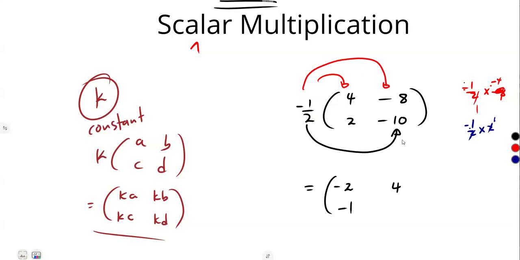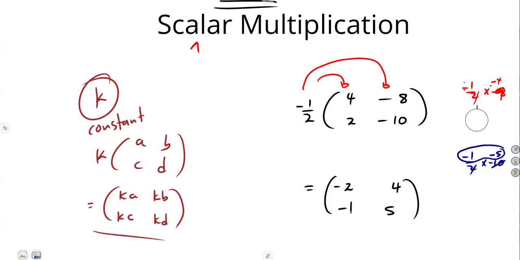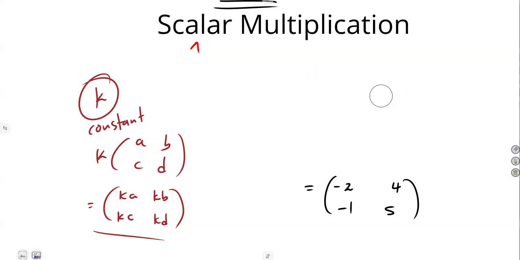Then minus 1 over 2 times a negative 10. This gives us a negative 5. Then here, negative, negative, that's a positive. So it is an issue of directed numbers. That is how you play around with scalar multiplication. All right, so that's the basic operation.